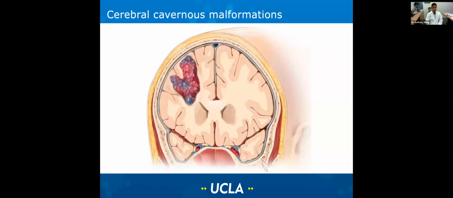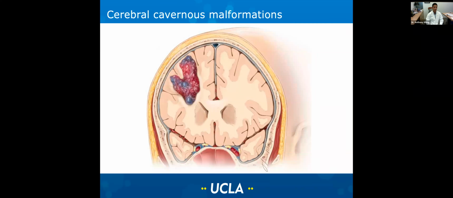But let's start. Cerebral cavernous malformations are vascular malformations that are found most commonly within the brain, and occasionally in the spinal cord. And while these things can change over time and can cause mass effects just by being there, these are not tumors.